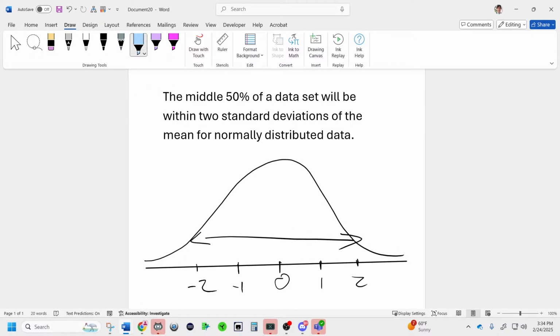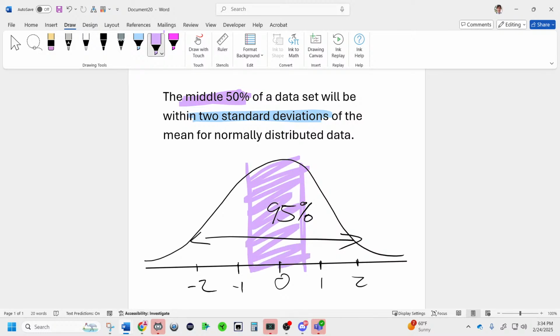So we draw it out right here where we have 2 standard deviations, and 95% will be within 2 standard deviations. 95%. The middle 50% would have to be tighter inside of here. It can't even be outside of 1, because within positive 1 and negative 1 is the middle 68.